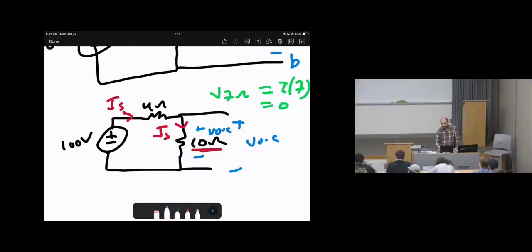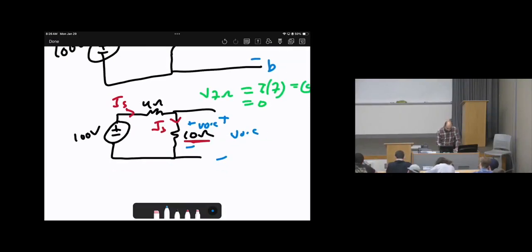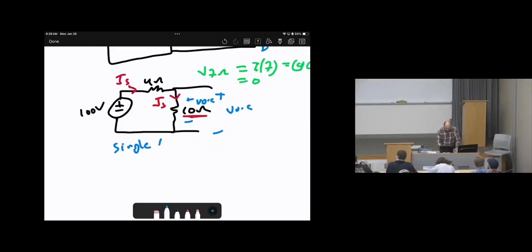So how can I calculate V? The first thing, calculate I, right? After calculating I, V will be I times R. Is this correct? How to calculate I? This is single loop. And in single loop, we can say I source will be V over the sum of the resistors. So V 100 volts over 10 plus 4.